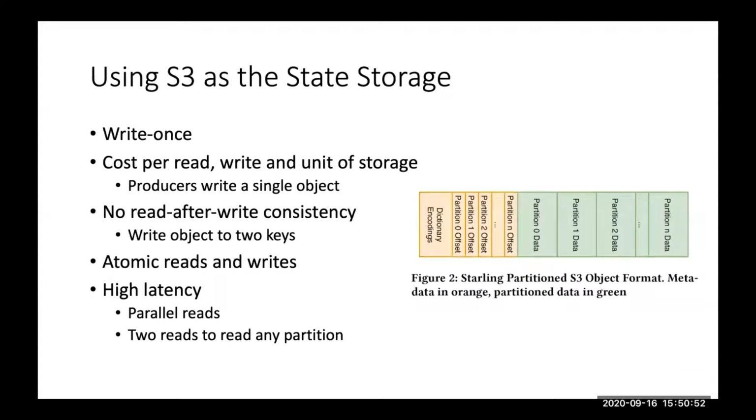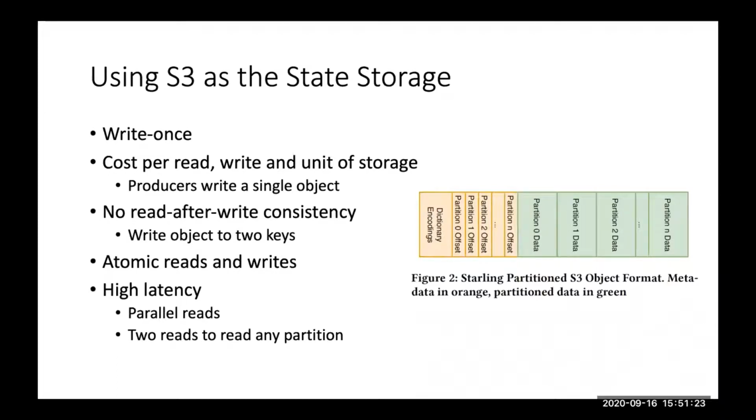On the right, in the figure, I'm showing an intermediate state object produced by Starling after the first set of workers have completed. The orange part is the metadata, and the green part is the actual data. The metadata holds information on the different partitions in the data, and they also store the offsets of these partitions.